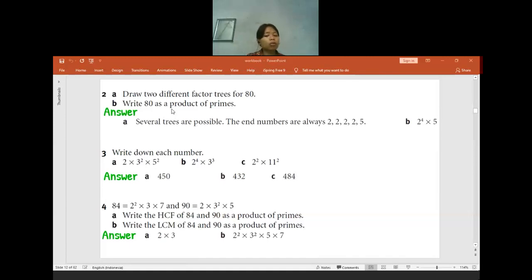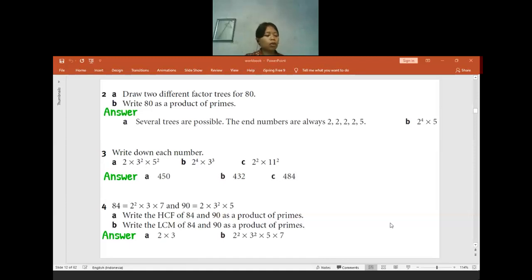Since we have to take the lowest power, I will take the number 2 without any power. For the number 3, there will be 3 and 3 to the power of 2. Since I have to take the lowest power, I will take the 3 only. So for the HCF, it will be 2 times 3.